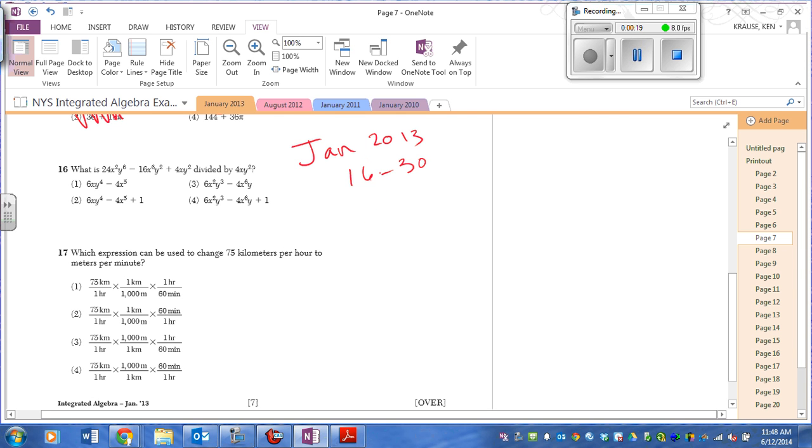So, right is division by 24 x squared y to the 6th over 4x squared, 16 x to the 6th y squared over 4x squared plus 4x squared over 4x.